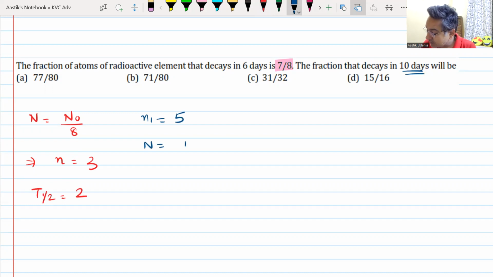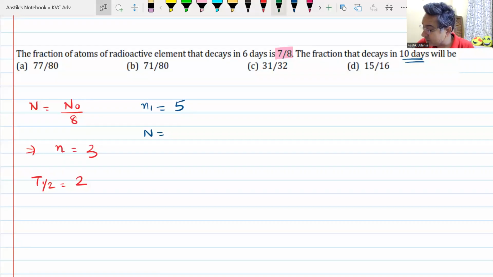The number that remains will be N0 divided by 2 raised to the power 5. 2 raised to the power 5 is 32. So the number that remains is N0 by 32. And therefore, the number that has decayed will be N0 minus N0 by 32.